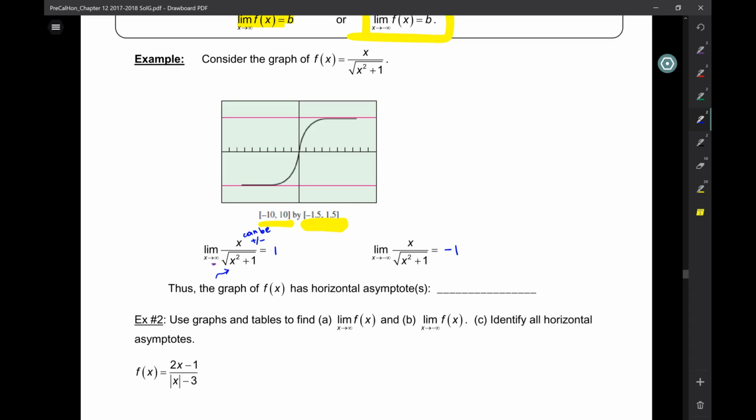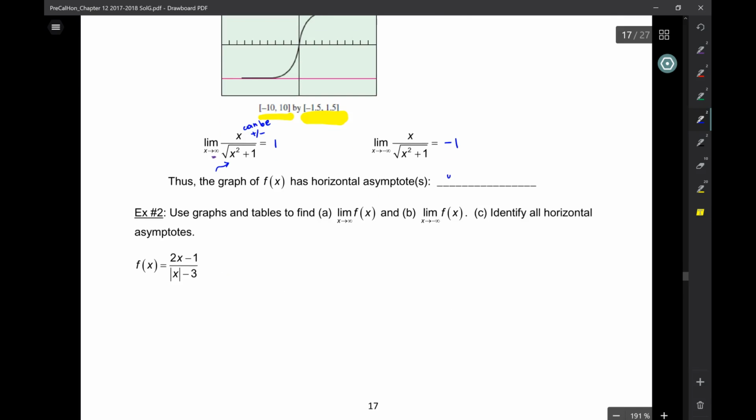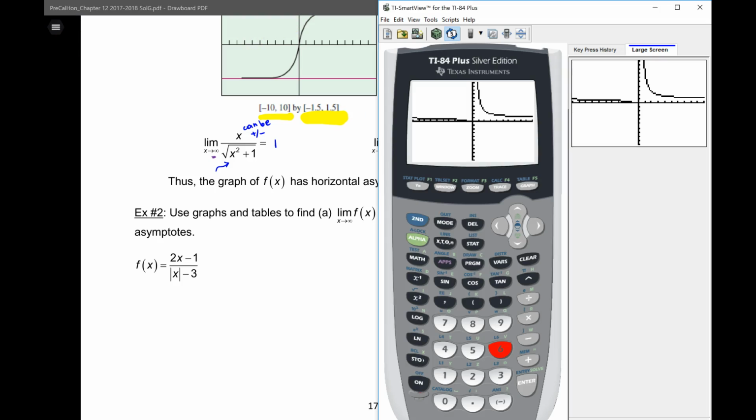It's leveling off at a certain value. Then we say there is a horizontal asymptote at y equals 1 and y equals negative 1, or you could say y equals plus or minus 1. All right? So here, let's graph this one.